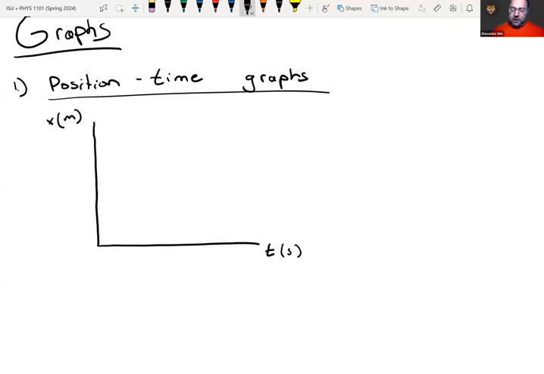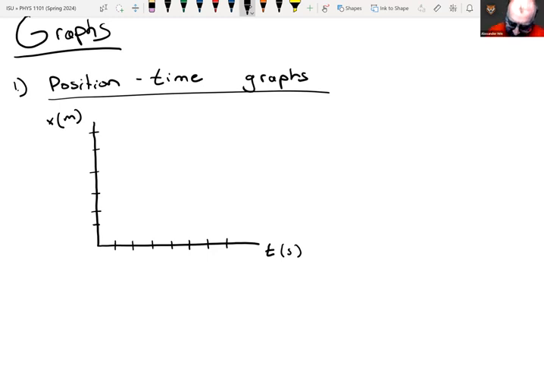Again, I'm going to use x as a symbol for position, and you put that on the vertical axis. And you can split this bottom x axis into intervals. Same thing with the y axis. And then you can just draw where the object was.